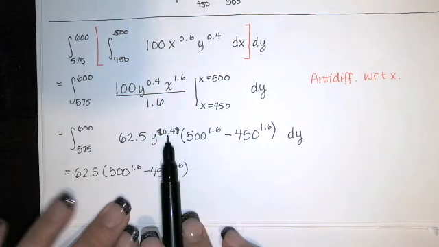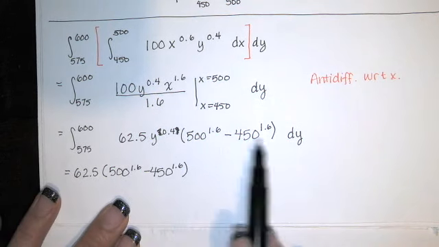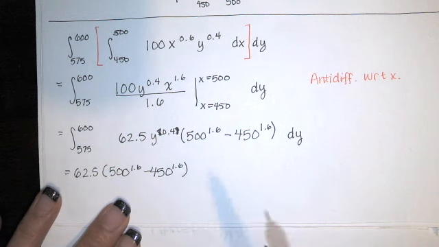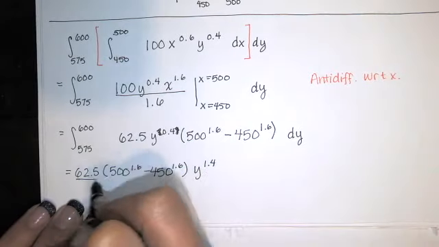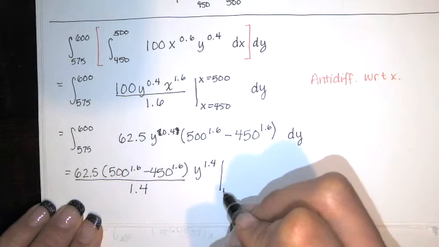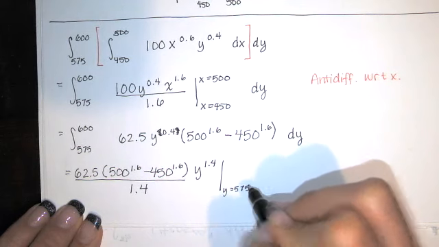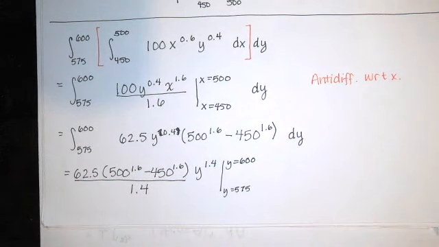And then we'll take our y to the 0.4 and anti-differentiate with respect to y. This is a constant and this is a constant, so I'll just write it down. Here I will add 1 to the exponent and then divide by the new exponent and evaluate from y equals 575 to y equals 600. And this is what we get.